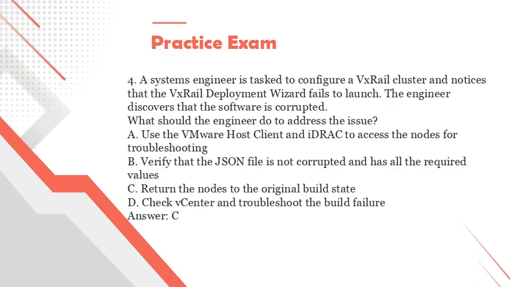B. Verify that the JSON file is not corrupted and has all the required values. C. Return the nodes to the original build state. D. Check vCenter and troubleshoot the build failure. Answer: C.